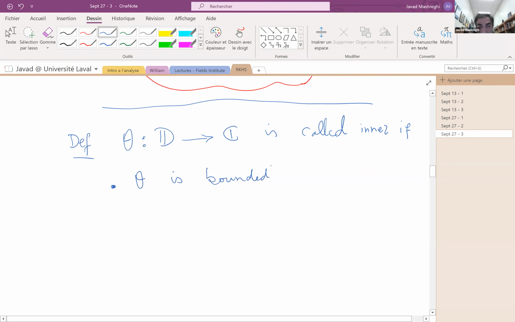In technical language, they write theta is in H infinity, but it means it's bounded. And when it's bounded, we know that the radial limits, when we go to the boundary, exist. We assume that theta of zeta, which is the limit as r goes to 1 of theta of r zeta, is unimodular.